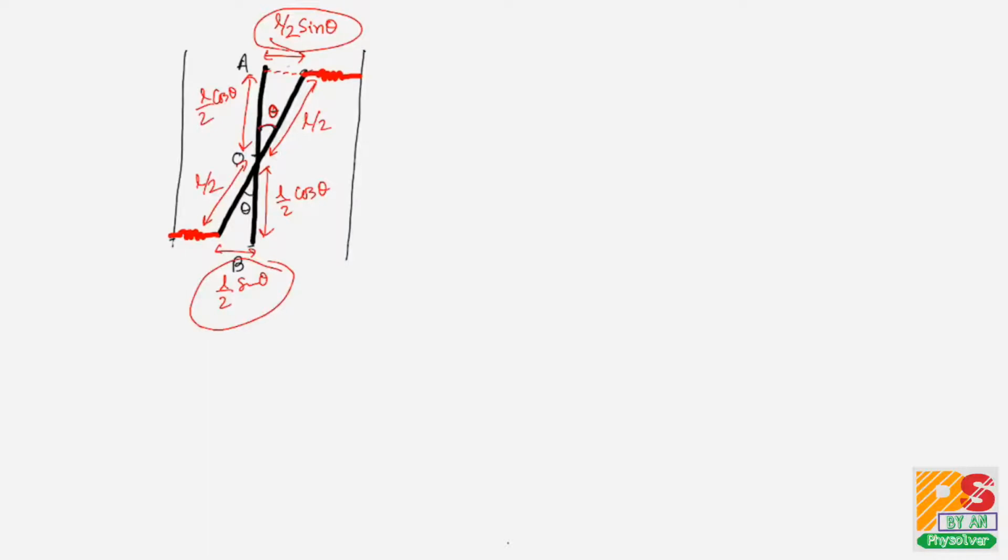So if I draw the FBD of the rod, this is the rod, right? Now this spring will push this end of the rod by force Kx, and this spring will push this end by the same force Kx.